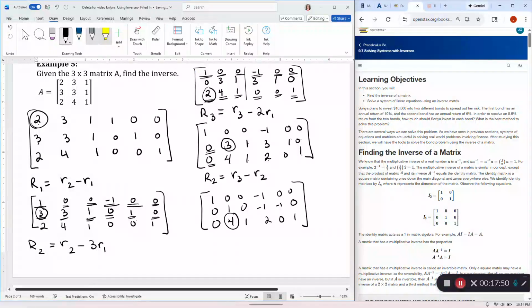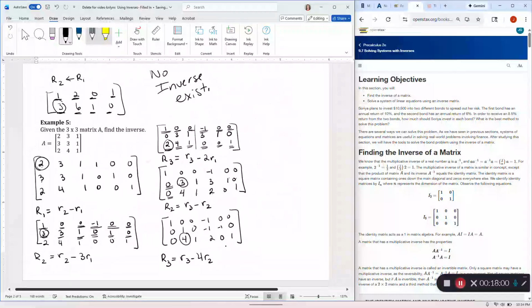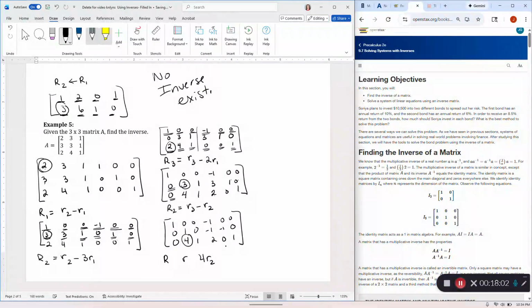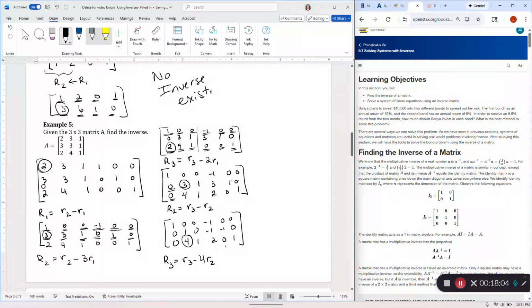And now I need a 0 here. So we're going to say row 3 minus 4 row 2. All right, let's get some more space here to work in. Not changing row 1. Not changing row 2.